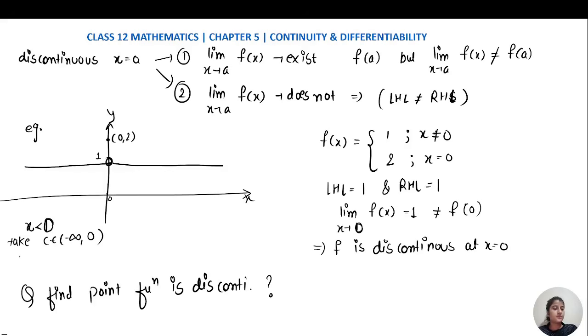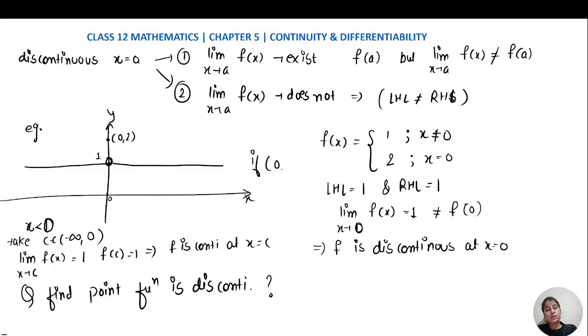Then the limit as x tends to c of f of x is 1, and f of c is also 1. So f is continuous at x equals c. Similarly, whenever c comes from 0 to infinity, f is also continuous.